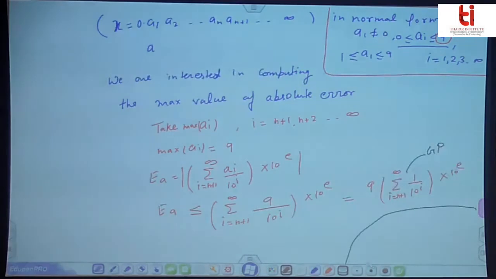This is equivalent to 1 upon 10 raised to power n plus 1, plus 1 upon 10 raised to power n plus 2, and so on. The first element of this GP is 1 upon 10 raised to power n plus 1, and the common ratio is 1 upon 10. Then find the sum of this GP. What is the formula for the sum of a GP? S infinity equals a upon 1 minus r. Let's apply this formula.